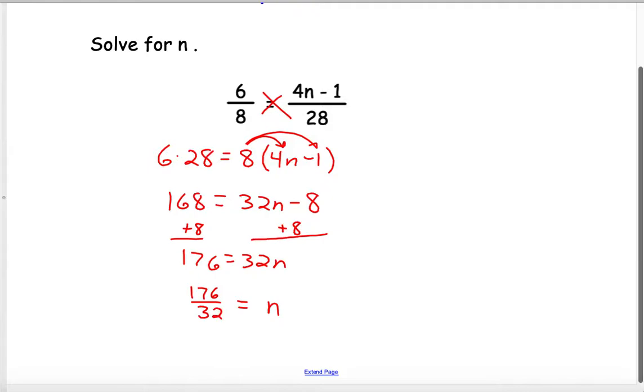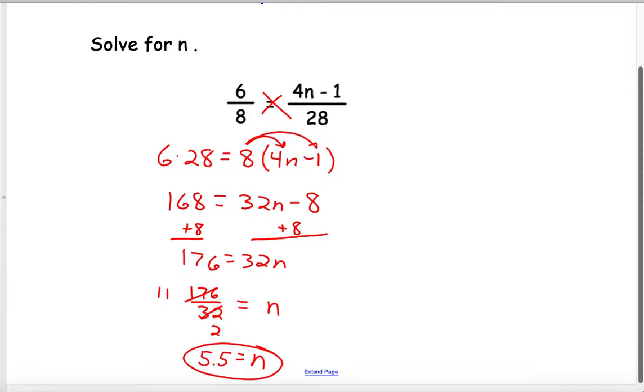So you can either try and reduce the fraction, find out what numbers go into both of those. 16 I know goes into both of those. 16 goes into that twice. 16 goes into that 11 times. So we wind up getting 5.5 for n. Or you simply could grab a calculator and divide that and you'll get 5.5. All right, so that's how we solve a proportion.